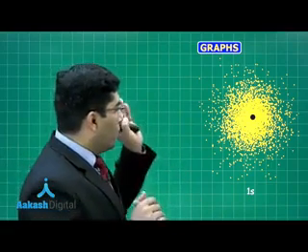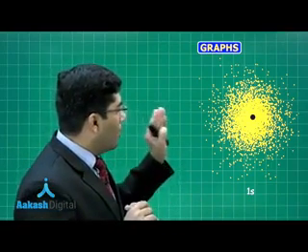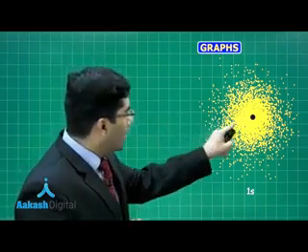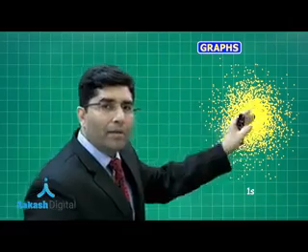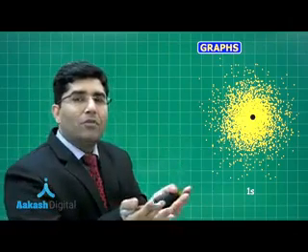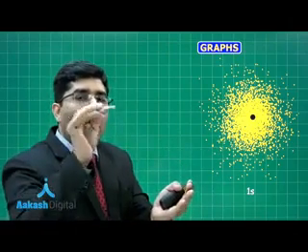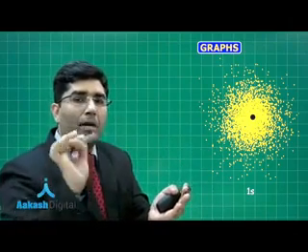Is the electron moving in a circular path? No. Where is the maximum probability density? Near the nucleus. If we go far away from the nucleus, what will happen? Probability density will decrease. But the size of the shell will increase, the number of points, the number of positions will increase.